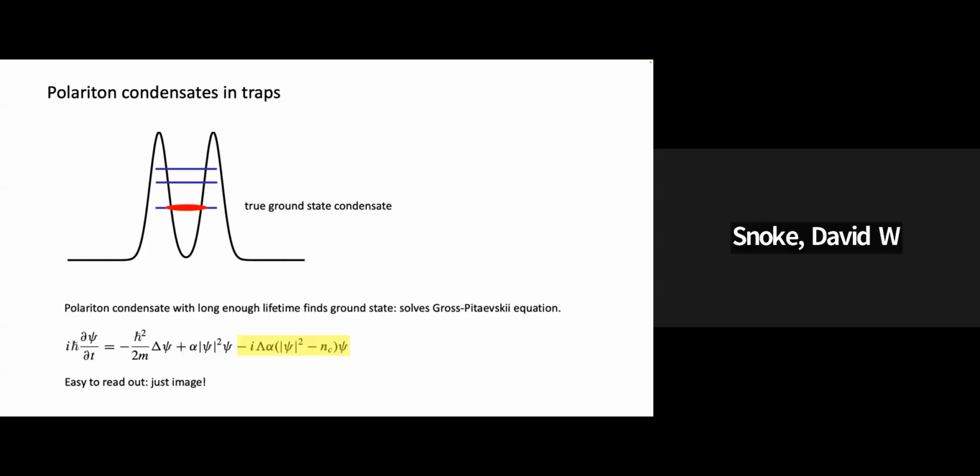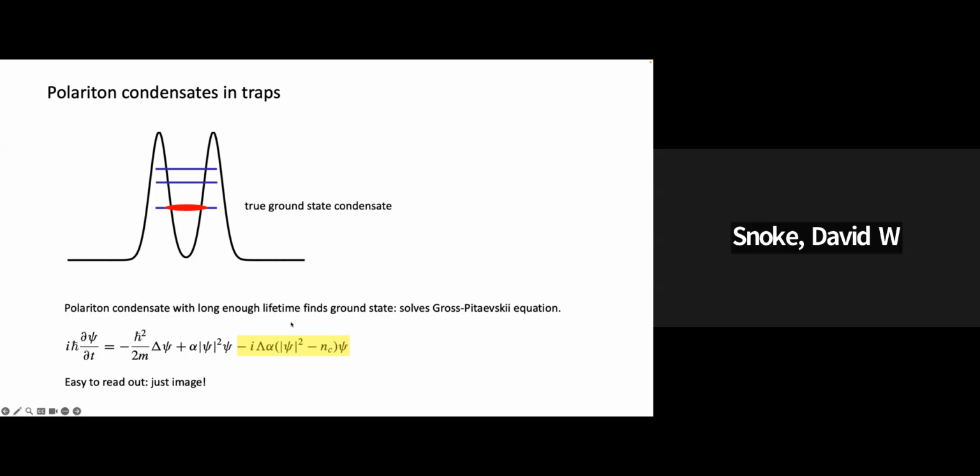Now, if we make two types of trap, well, let me just say before I talk about two traps, the bottom line is that we now have something that is completely modeled by the Gross-Pitaevskii equation. Several people have mentioned this already at this meeting. The nominal one is this one here.